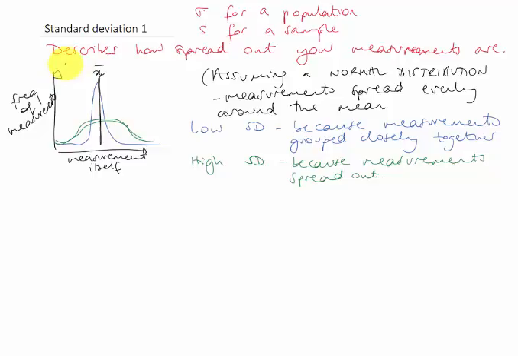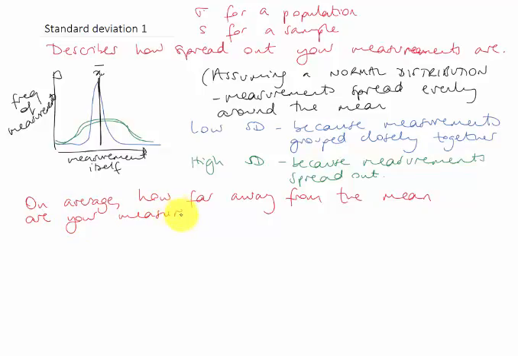So it describes how spread out your measurements are, but in fact what we're asking is, on average, how far away from the mean are your measurements? So we're looking at each measurement and seeing how far it is from the mean. So in fact we need to start by going through something called variance.